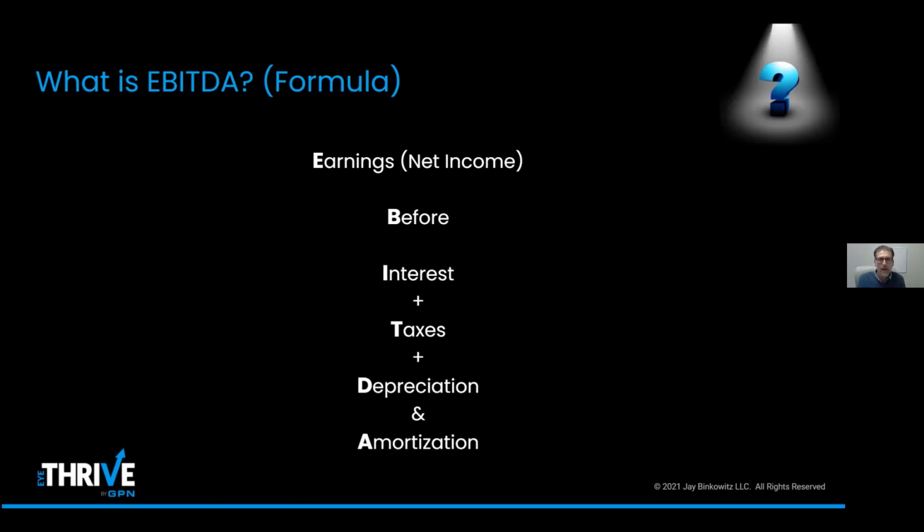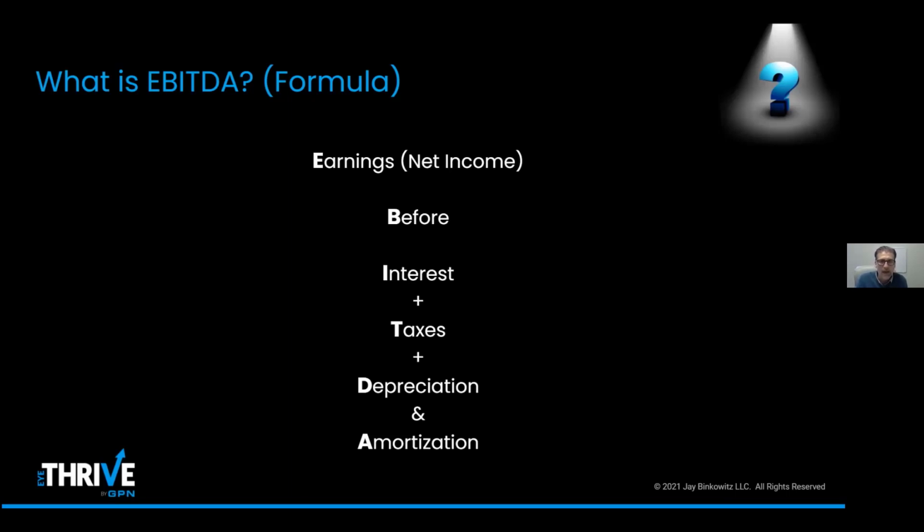And you think, well, how can that be? It's because some are more or less aggressive than others. We talked about the differences between Section 179 and straight line depreciation. All those things will impact the tax liability of the business. So just remember, your CPA is really providing an opinion and not so much hard facts.